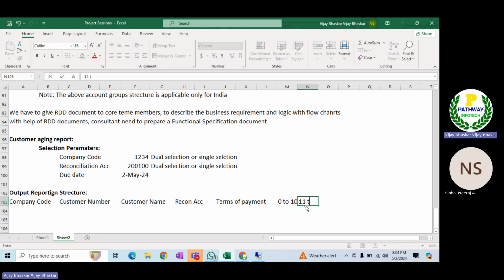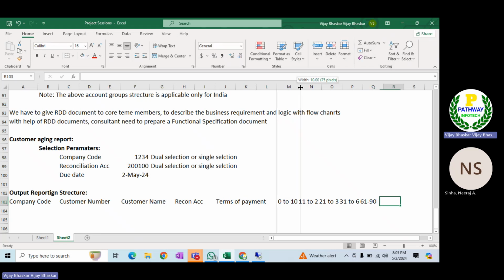Again 11 to 20 days. Again 21 to 30 days, where the line items should fall. Then 31 to 60 days, then 61 to 90 days. This is my business requirement. The output reporting structure should look like this.